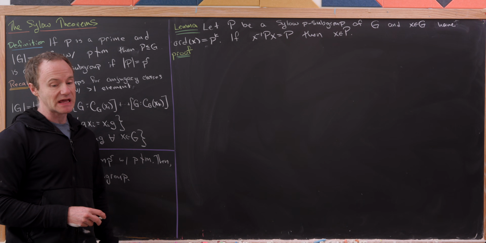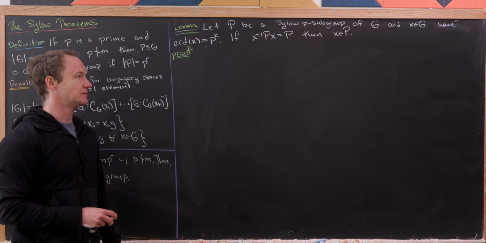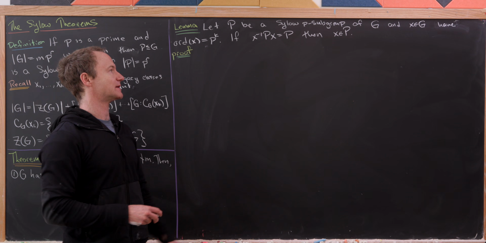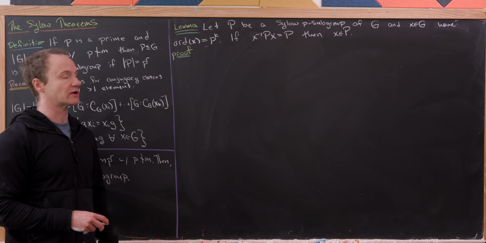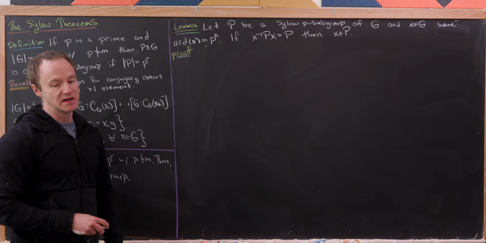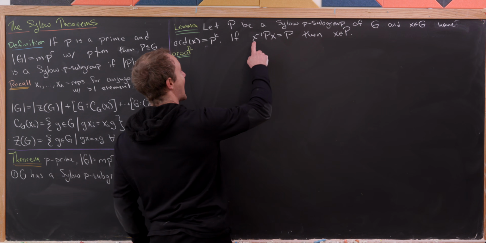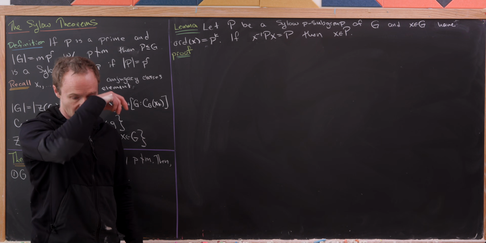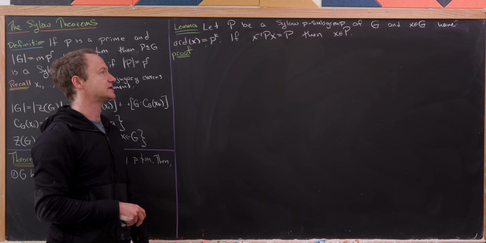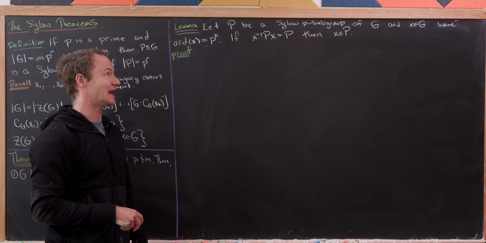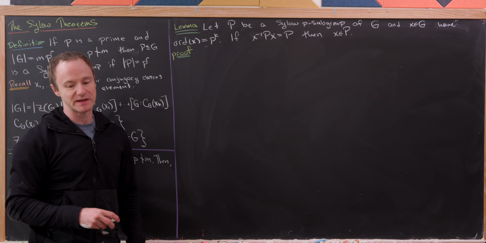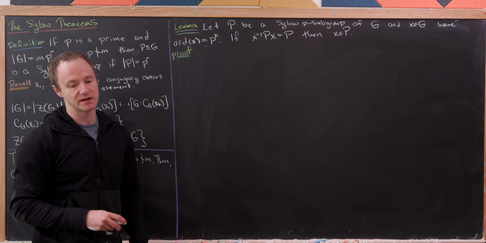Let P be a Sylow p-subgroup of G, and x an element of G where the order of x is a power of the little prime p. Then if x inverse P x is equal to P, in other words, if the conjugate of our Sylow p-subgroup by this element x is just the Sylow p-subgroup, then x must be an element of the Sylow p-subgroup.